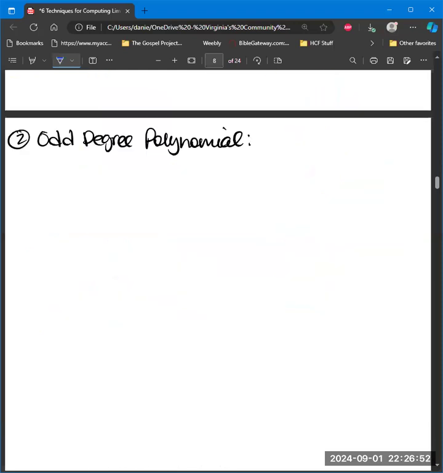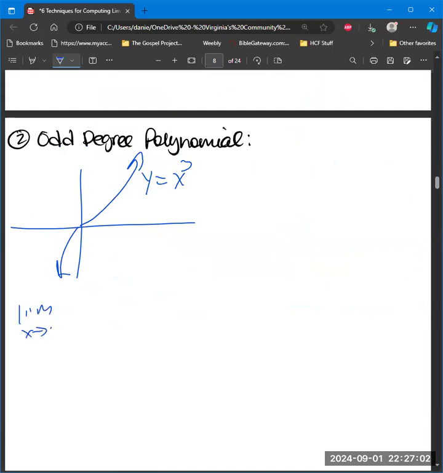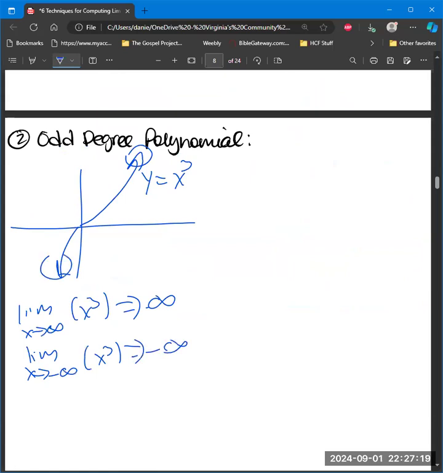Let's look at an odd degree polynomial, something like y equals x cubed. The limit as x goes to positive infinity of x cubed, that right-hand end behavior, is going to positive infinity. The limit as x goes to negative infinity of x cubed is approaching negative infinity down here on the left-hand side.